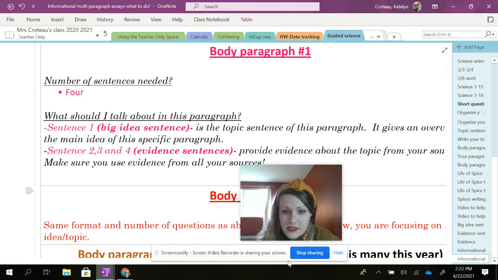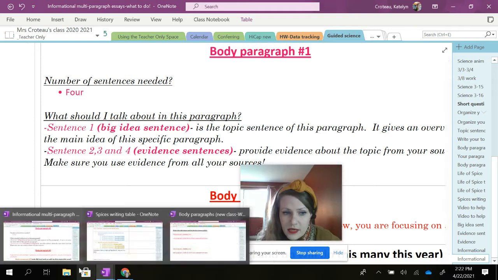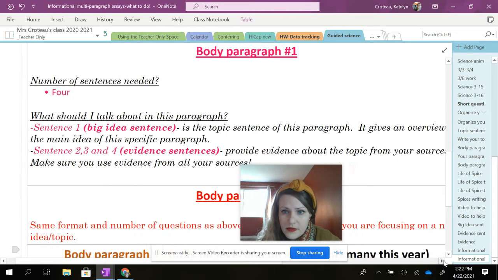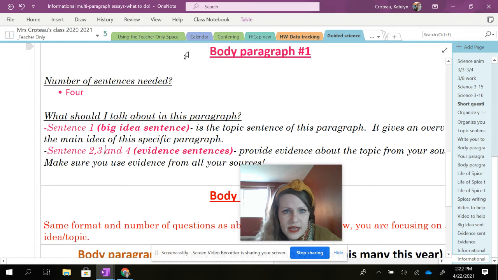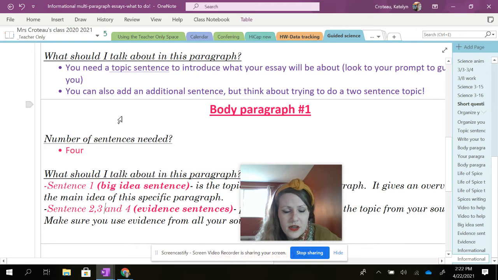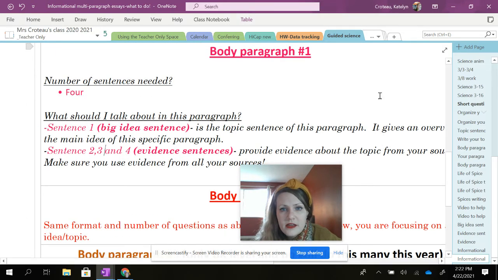It is basically the topic sentence of that paragraph. It gives an overview of the main idea of this specific paragraph. So it's almost exactly the same as the original topic sentence we were just talking about. The difference is it's now getting smaller and it's focusing just on this paragraph, not the whole essay.